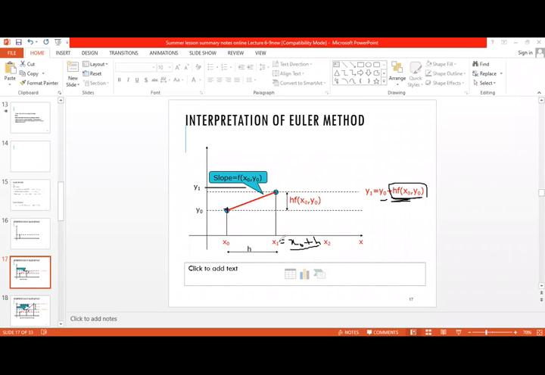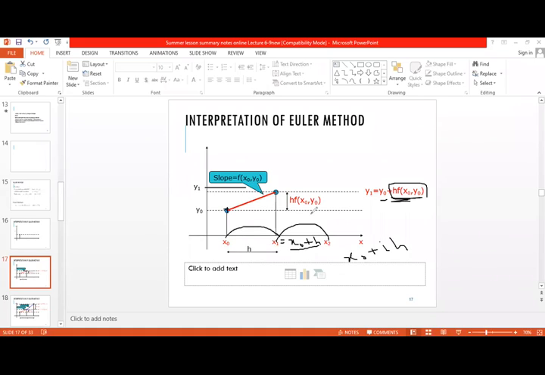So from x1 to x2 is another plus h. Which means that x will keep changing at x naught plus i times h, where i is 1, 2, etc. When i is 1, that's the first iteration, we have x naught plus h.